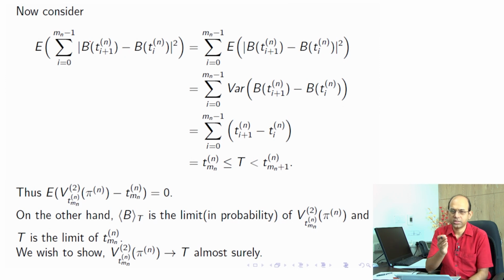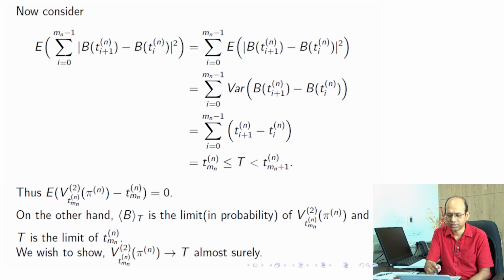When we take the summation of B(t(i+1)) minus B(t(i)) whole squared, this is the square of the increments, summed over successive increments. That gives an approximation of the quadratic variation along that partition, approximately till time capital T. We now evaluate the expectation of this value.